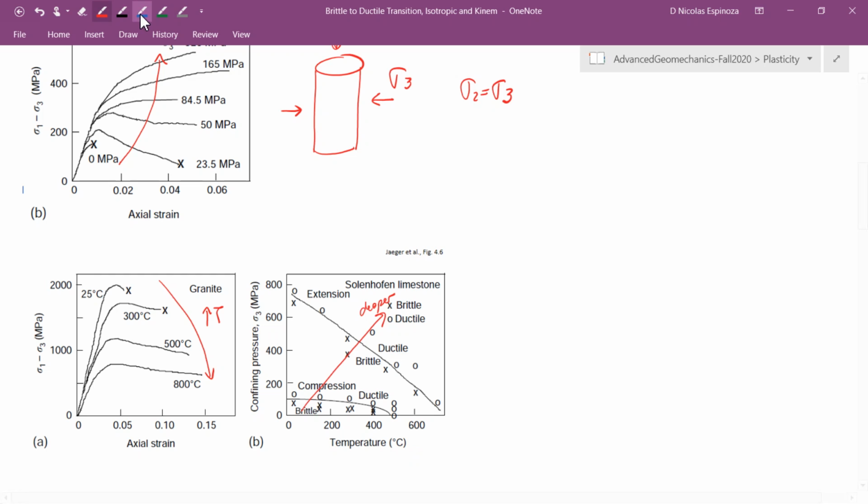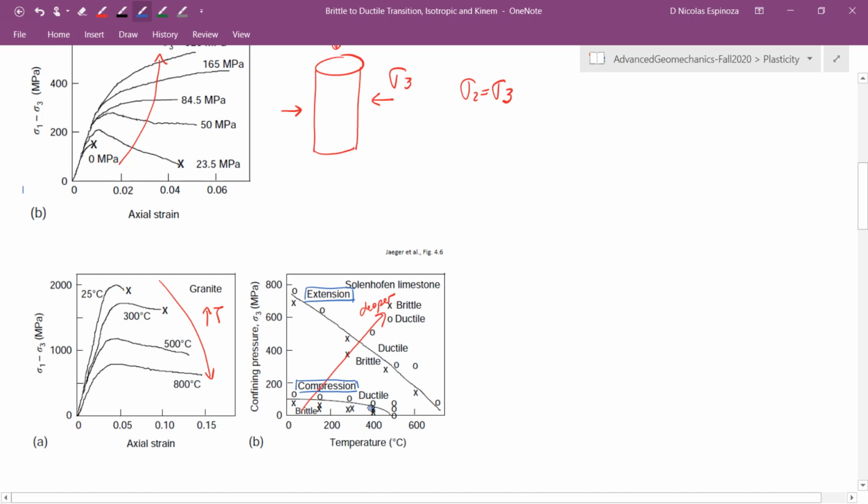And here we see two examples. We have dealt mostly in our plastic analysis with compression, but you can also have a similar transition, brittle to ductile, also in extension.